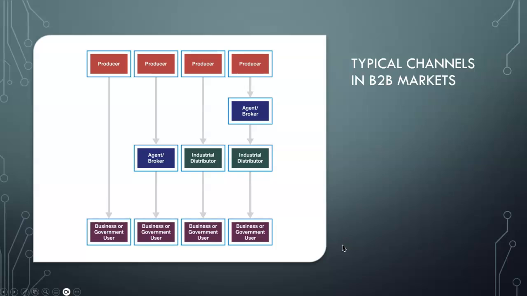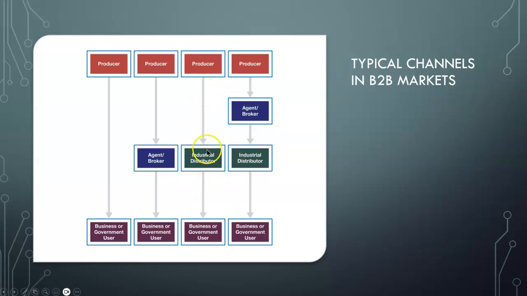Then in B2B markets, this is how it would be set up. These are the options. Another 2 points extra credit if you can tell me what B2B means. So in B2B markets, you have the direct sales from the producer to the business, or producer to the agent broker, and then to the consumer.